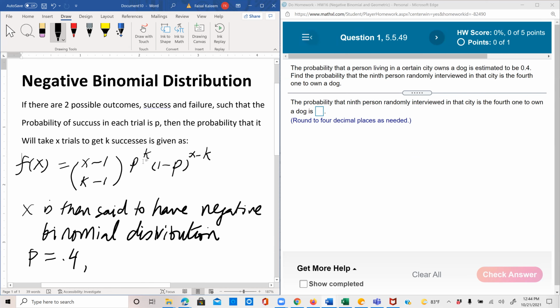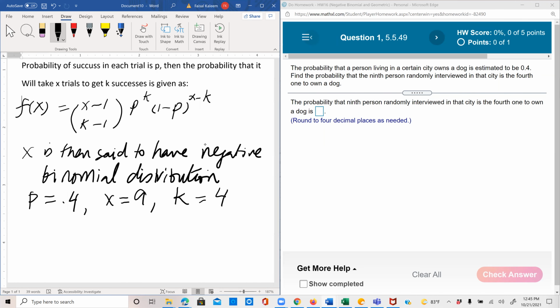So what's the probability that it will take 9 trials to find k successes? So x is 9 and k is 4. The 9th person is the 4th one to own a dog. So the probability would be x minus 1, 9 minus 1, combination 4 minus 1, 0.4 power k, so 0.4 power 4, and then 1 minus p would be 0.6 power x minus k, so 9 minus 4.